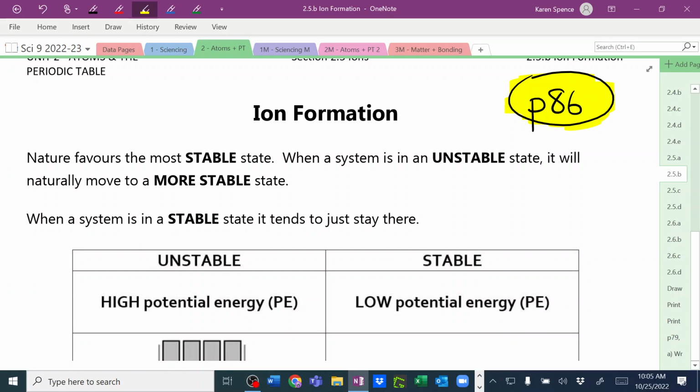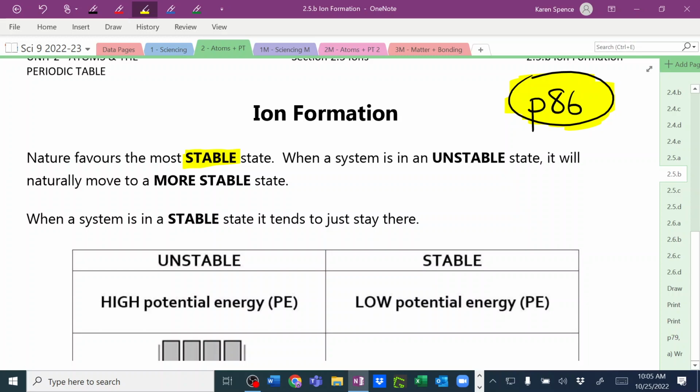Okay, so nature favors the most stable state. If I have this pen, is this the most stable state for the pen? No, because if I let it go, it falls to its more stable position, which is on the floor, because gravity pulls it down.